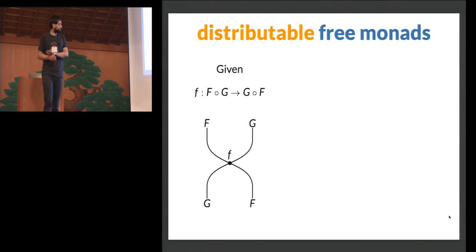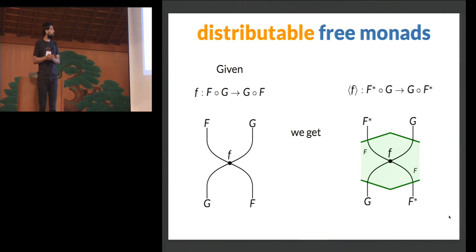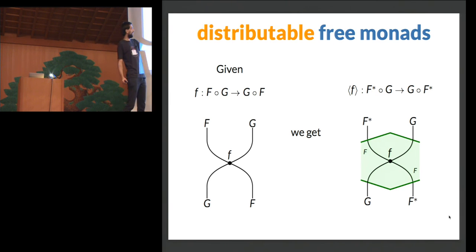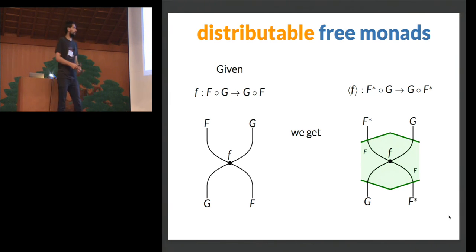It turns out that free monads in Haskell are distributable in the following sense: given such a function, we can lift the distribution of f over g to a distribution of the free monads generated by f over g. Here we can swap these two things, and because the free monad on f is like f composed with itself many times, we can simply distribute layer by layer, right?